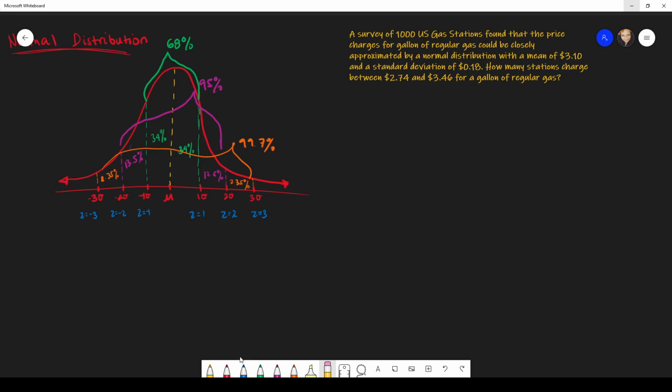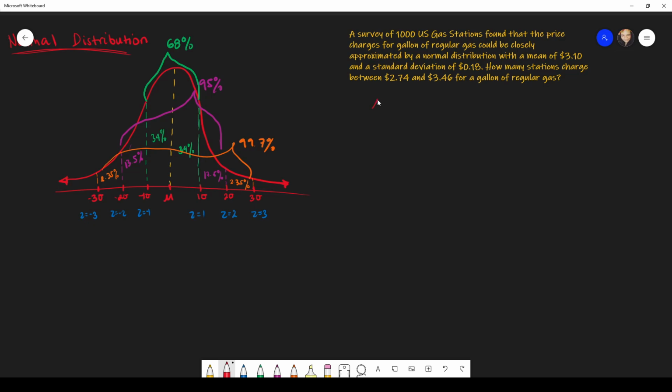Now again, the parameters that we need in a normal distribution are the mean and standard deviation. Let us write that down so that we are guided.